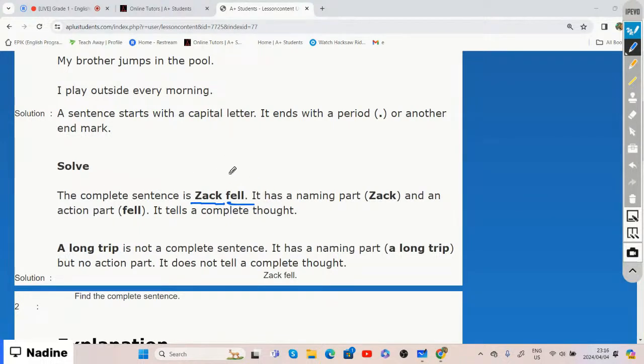If it has a naming part as well as an action part, then we can say this is a complete thought. Remember, a sentence needs to have a naming part and an action part, a noun and a verb, and then we can say that it is a complete thought.